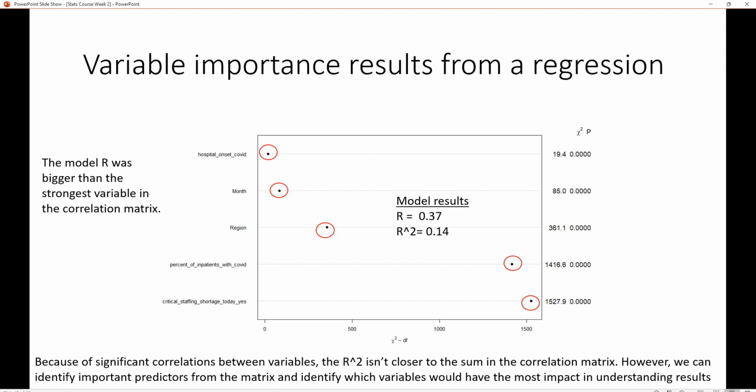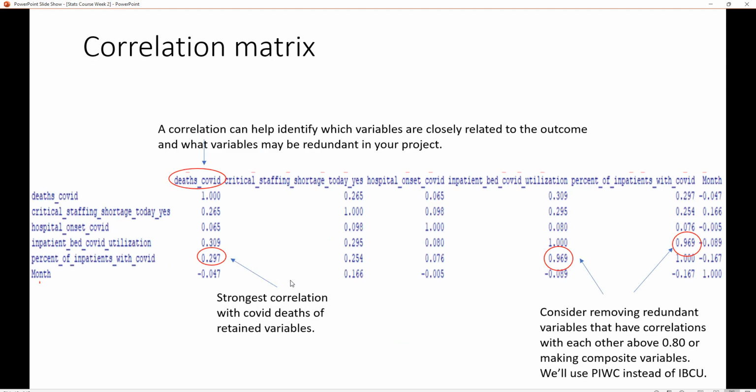So the model R was bigger than the strongest variable in the correlation matrix, and we see our model results here that this corresponds to a correlation coefficient. That value is 0.37. We see of the variables that we used, the biggest was about 0.30.